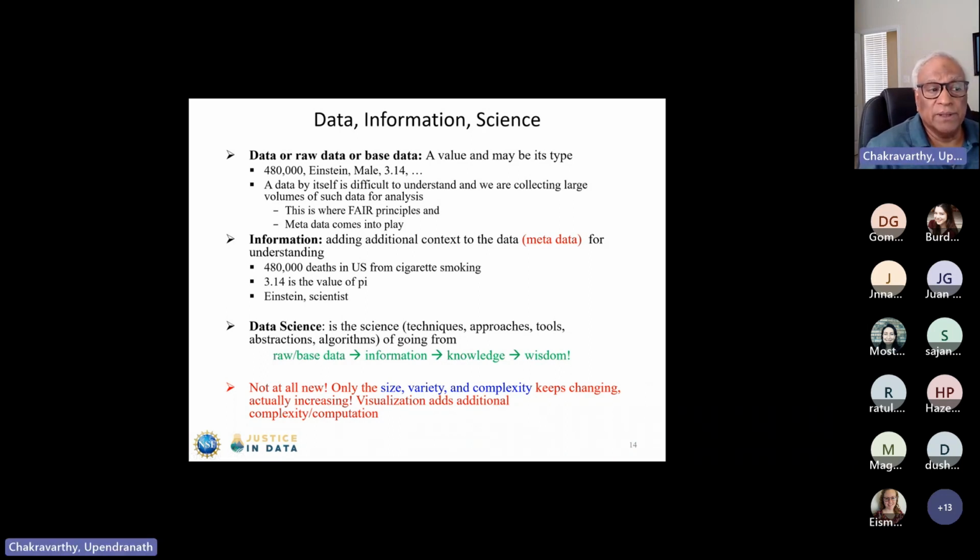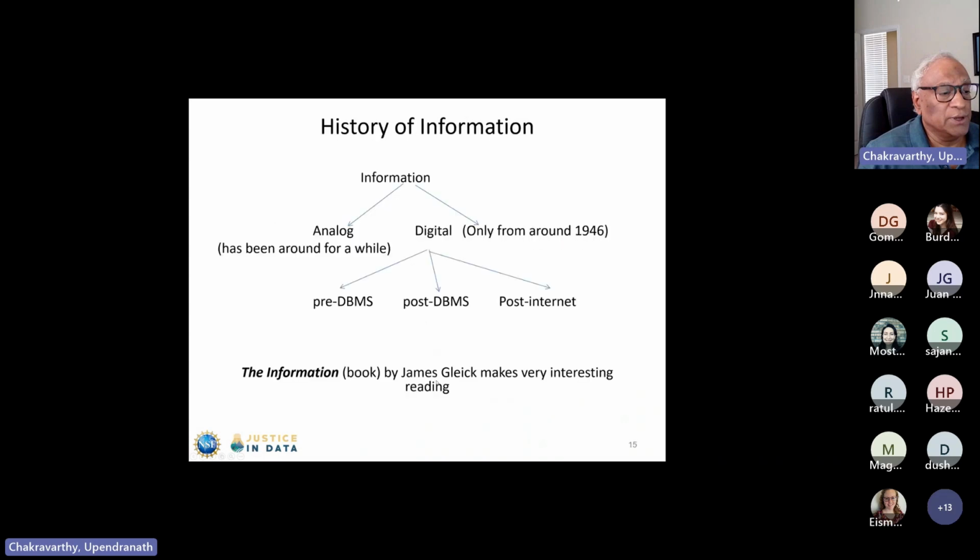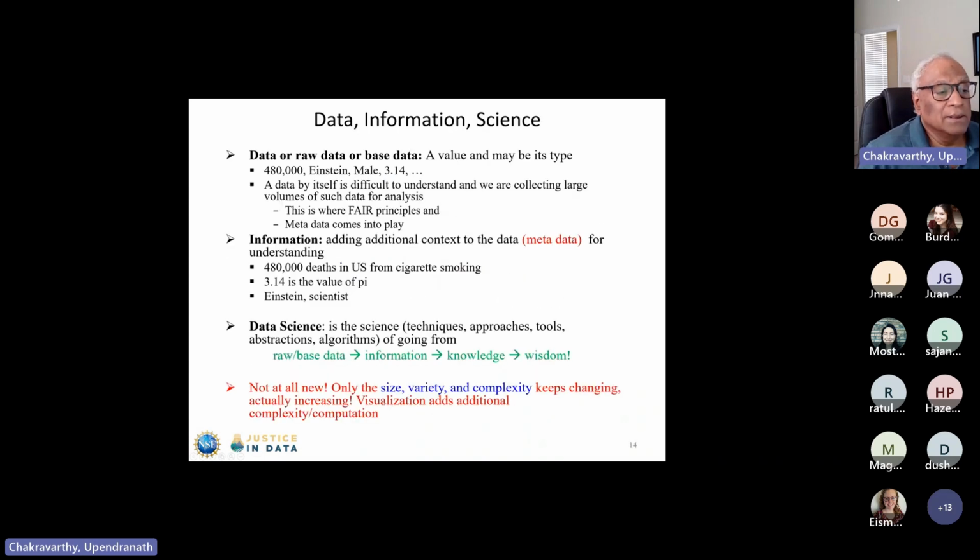Earlier, we were only doing numbers. Now we can deal with images and video and EKG and MRI. So there are so many different types of data, and the complexity keeps increasing. Visualization is possible today, which was not possible earlier. So the whole idea is how to cope with these things, even though the basic process more or less remains the same. Any questions?